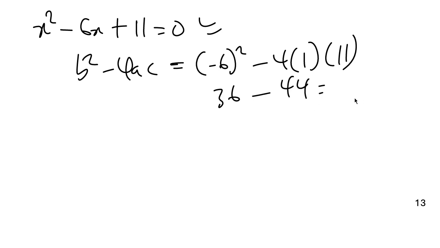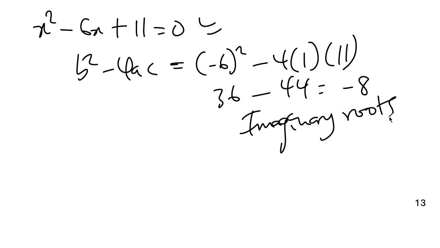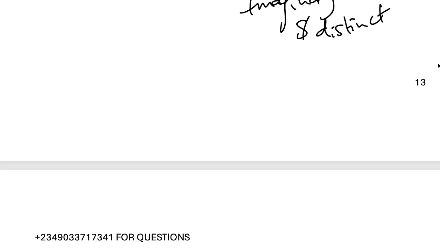And 36 minus 44 is negative 8, right? So what does that tell you? Imaginary roots, or you could say imaginary and distinct. So once b squared minus 4ac is less than 0, you can infer that it has what? Imaginary roots.